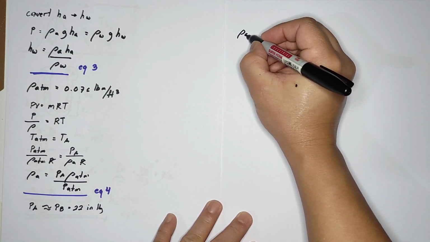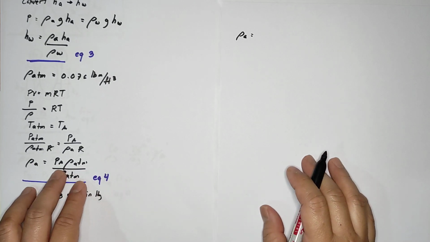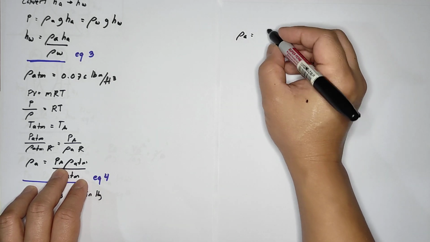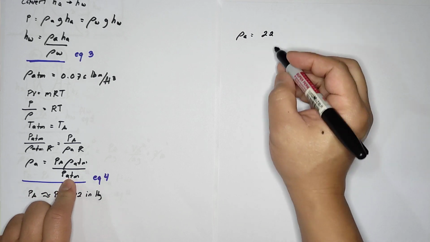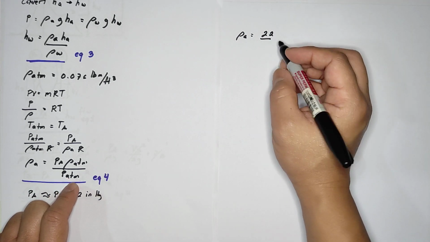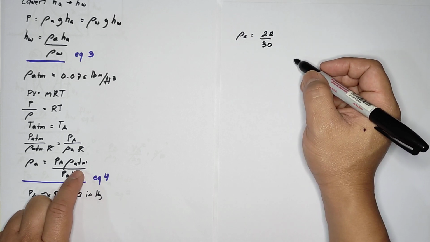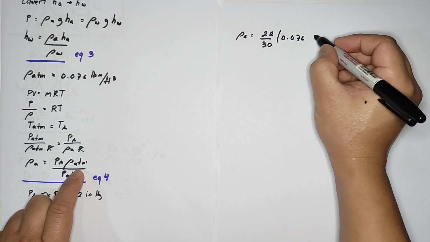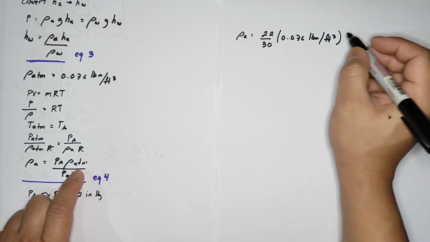Now let's compute for the density of air. Okay, here's the equation: PA. What's PA? That is 22 inches Hg. I will not convert that anymore because it will just cancel out. Then the atmospheric pressure is 30. Then the density is 0.076 pound mass per cubic foot.